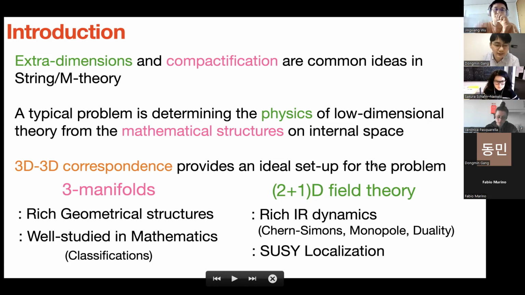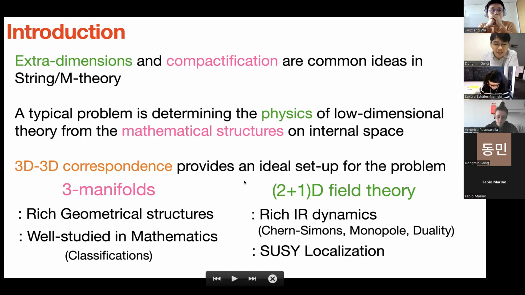The 3D-3D correspondence studies the 6D theories compactified on a 3-manifold. And on the 3-manifold side, this is very well studied by mathematicians, and it has very rich geometrical structures, and there is a kind of classification which I will review in this talk.